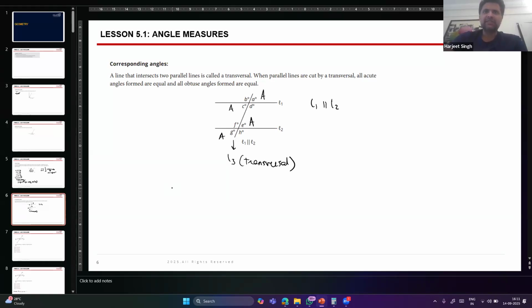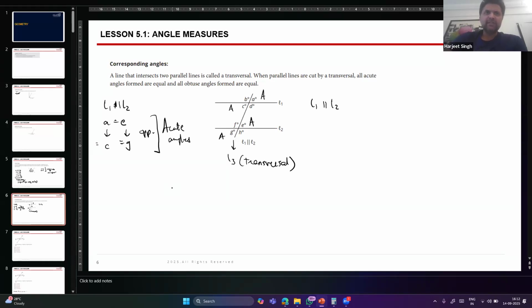Since these lines are parallel, since L1 is parallel to L2, A will be equal to E, and A is also equal to C because they are opposite angles, and E is also equal to G since these are opposite angles. So the entire system of acute angles are equal. So AC, EG are equal.